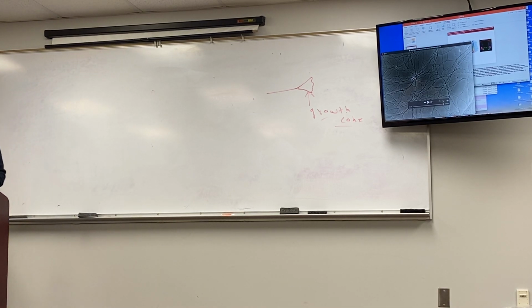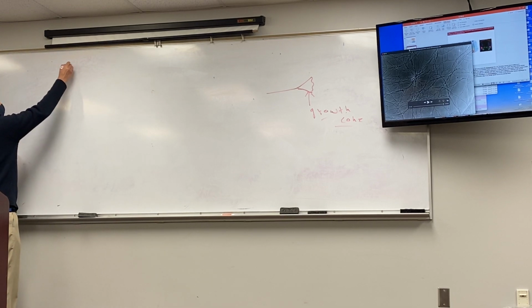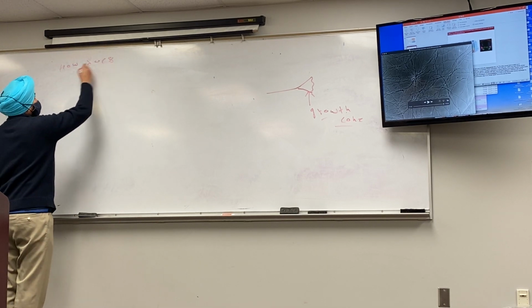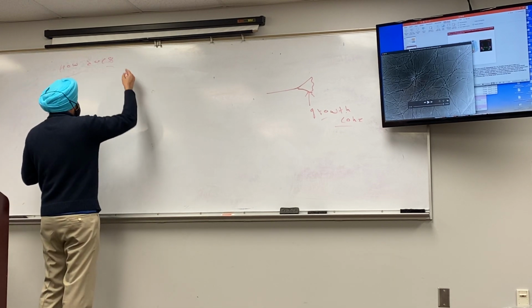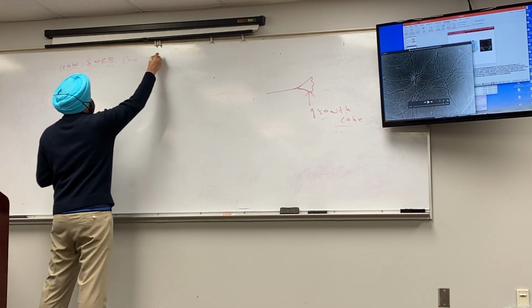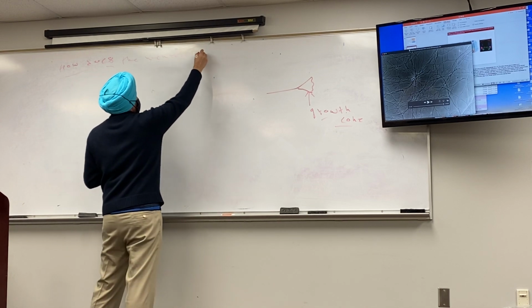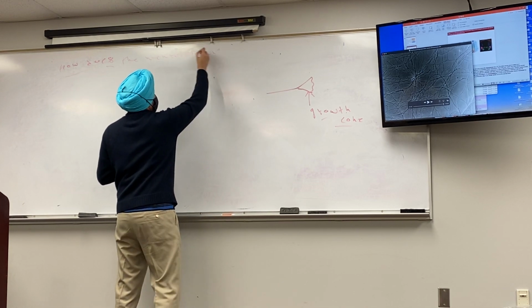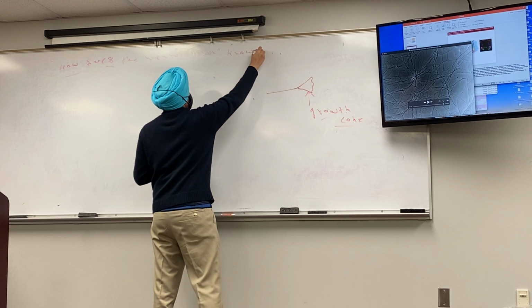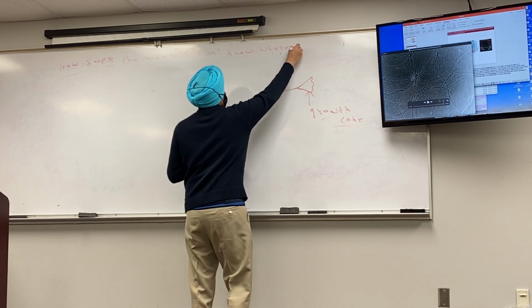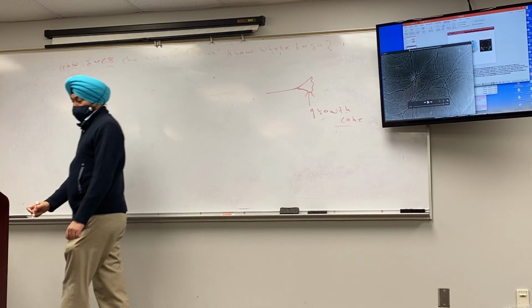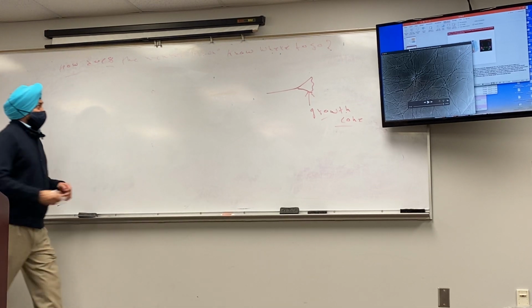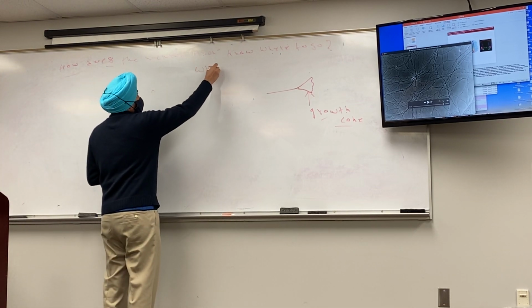Now, what we are talking about is how the neuronal axon knows where to go. That is the question we want to answer. Where to go? That is, what is the target?